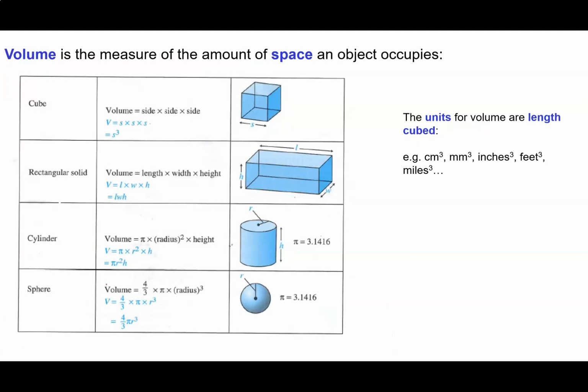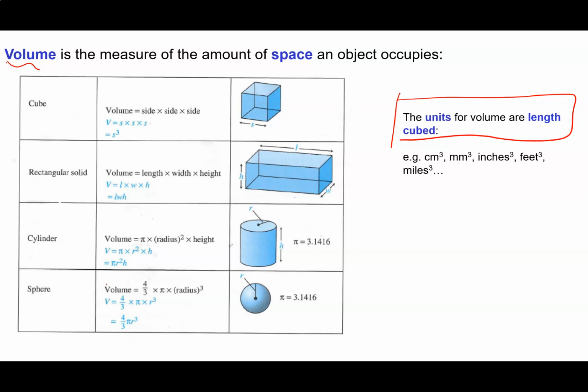Now, what is volume? Volume is the measure of the amount of space that an object occupies. And if we look at the formulas for volume of common objects, we see that the units for volume are always going to be length cubed. Things like centimeters cubed, feet cubed, miles cubed, inches cubed, kilometers cubed, whatever, it's always going to be some length cubed.